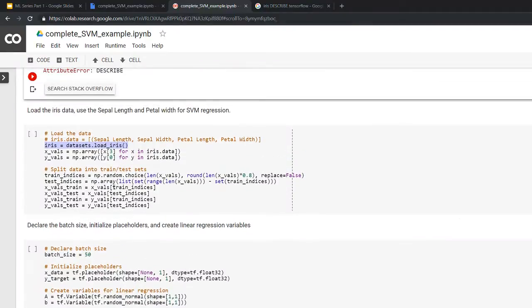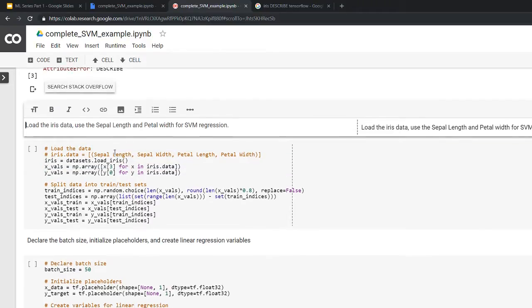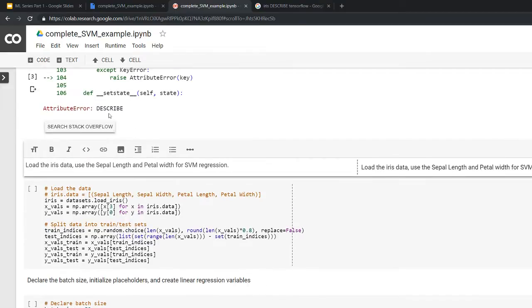So basically, we want our training data to be, let's see, I think we have a comment above: sepal length, and then we want to use sepal length to predict the petal width.